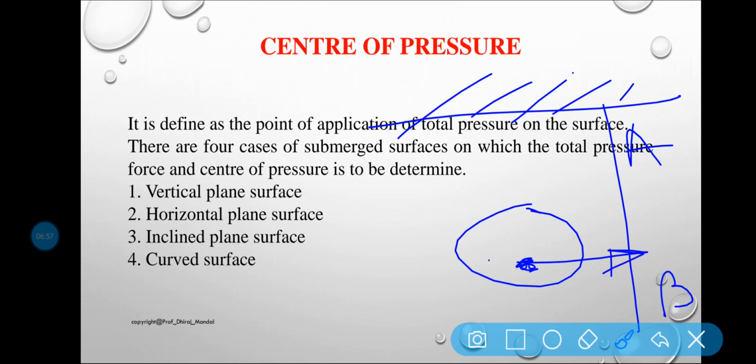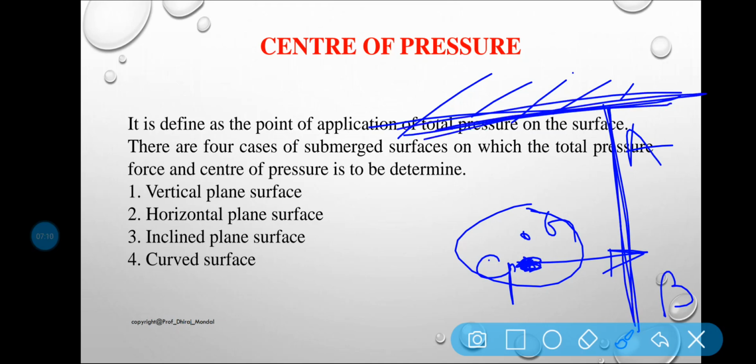That means if this is your center of pressure and this is your center of gravity, then from the center of pressure, normal to that plane. Okay, this is your plane, and here the normal force acting is your total pressure force.